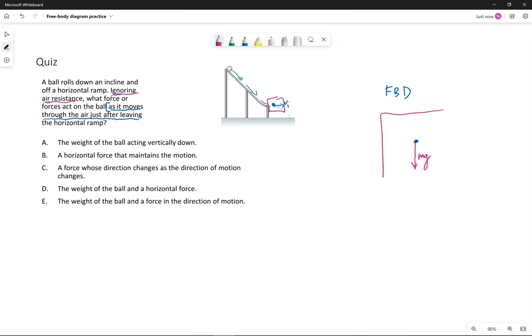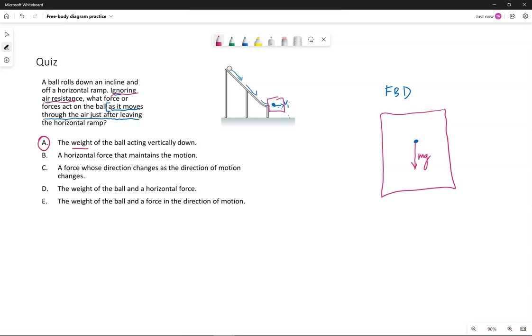So in this case, at the time this problem specifically mentions, this ball only experiences the force of gravity. Now, as far as our options are concerned, the term weight is often used to represent another way of saying the force of gravity. The weight of the ball is representative of how hard the Earth is pulling on it. So A is the correct answer.